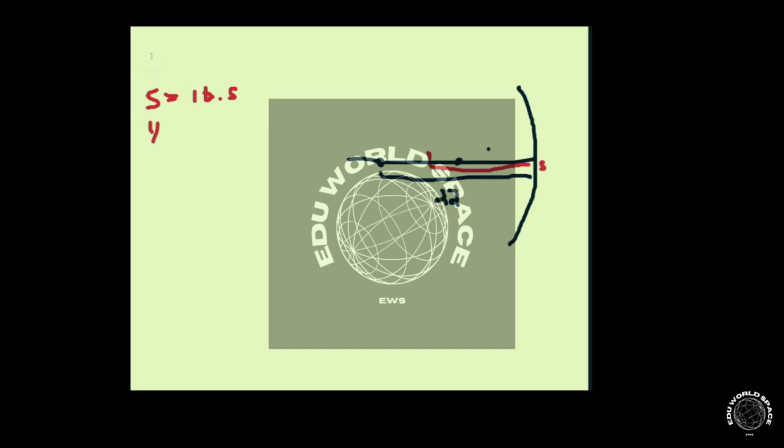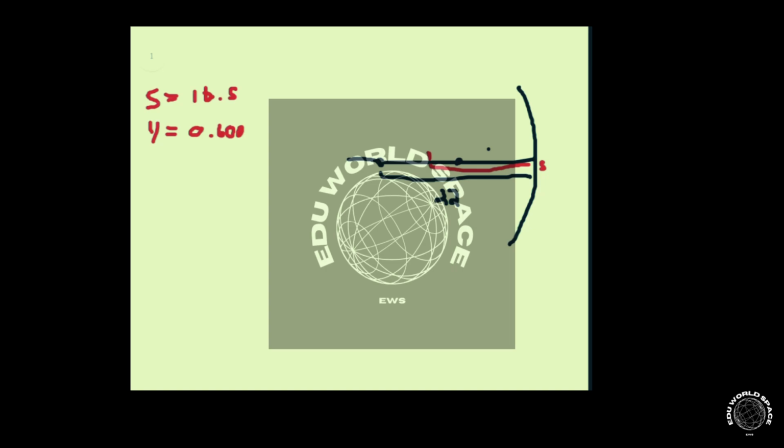The height of that object, the size of that object, is 0.600 centimeters. The first part of the question asks to draw a ray diagram. So R, the curvature radius, is 22.